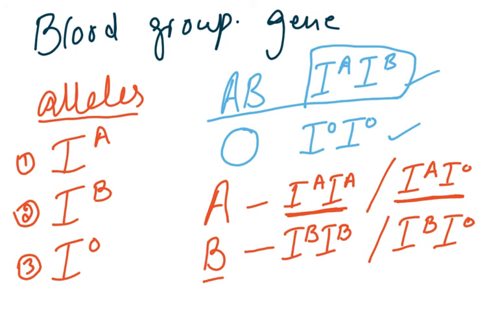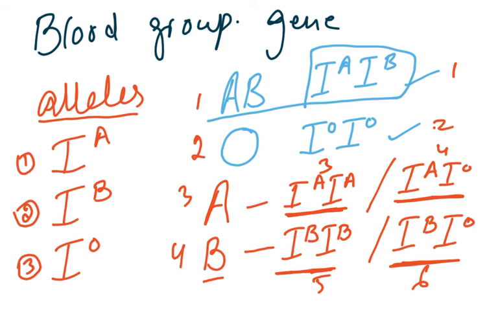The B group people can be IBIB, and they can be IBIO. So what do we have? We have 4 blood groups, 1, 2, 3, 4, so 4 phenotypes, but we have 6 genotypes, number 1, number 2, number 3, number 4, number 5 and number 6. So there are 6 possible genotypes, and that's a very favorite MCQ.